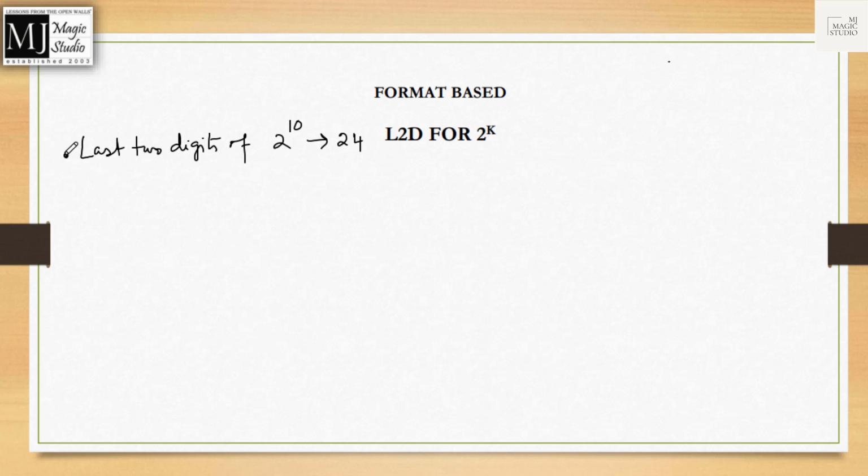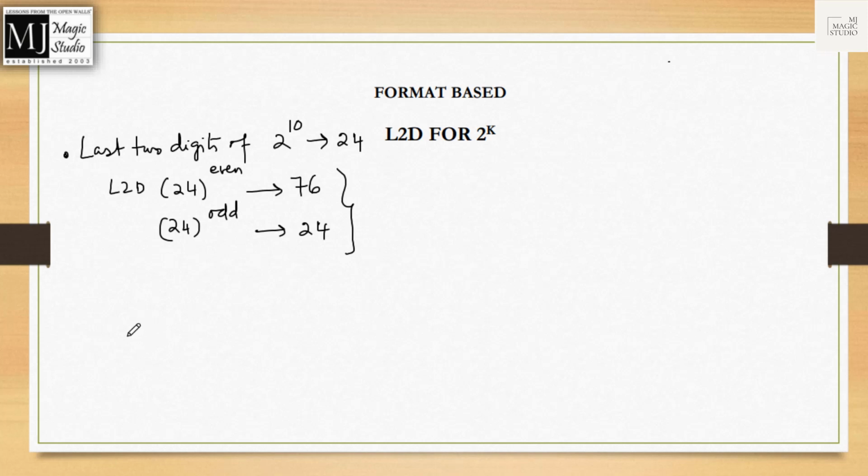And the beautiful thing is 24 to any power shows a specific pattern. The last two digits of 24 to any even power are always 76. And the last two digits of 24 raised to any odd power are 24. They follow the cyclicity of odd and even powers.